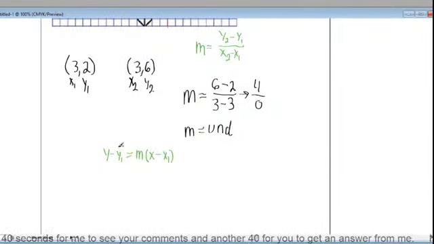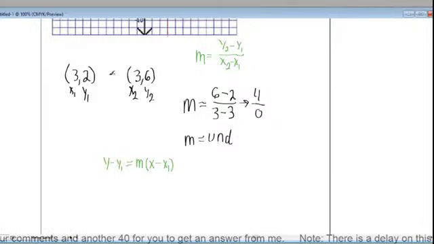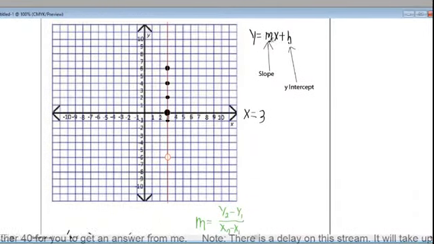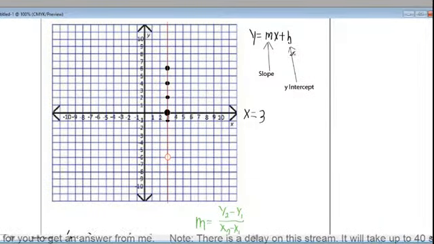And using point slope, we can find our equation given just a point and a slope. So if we're just given 2 points, we can actually find our formula for our line. And that formula is very helpful for finding the rest of the points on our graph.